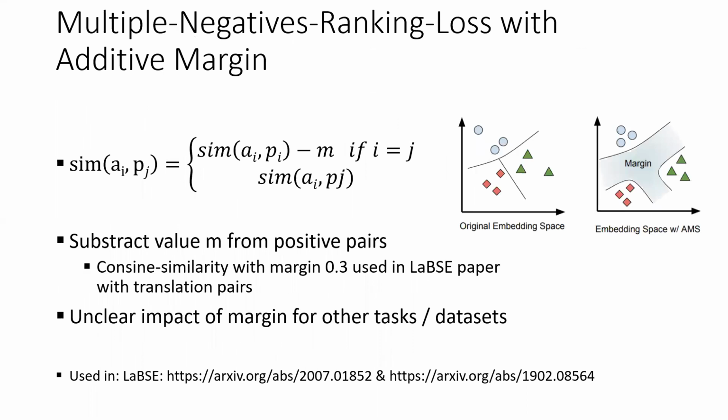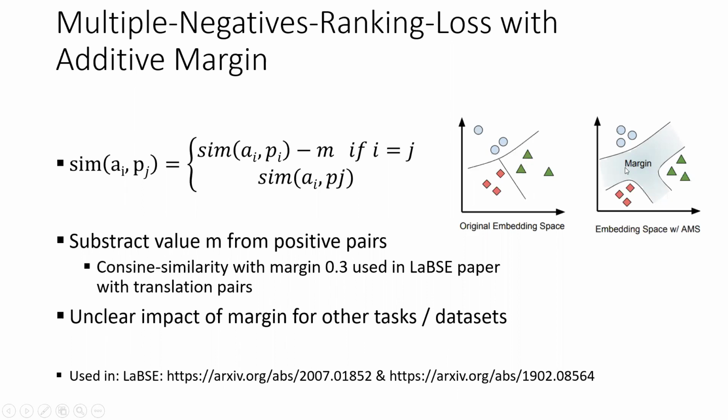A different modification to this loss was presented by Google in 2019 and 2020. What they do is add a margin. They want a larger margin between the different classes. For example, in the original embedding space, it's fine if we have different clusters which are quite close to each other.